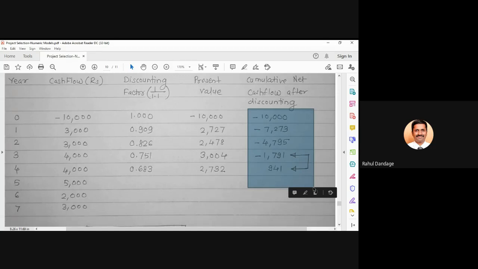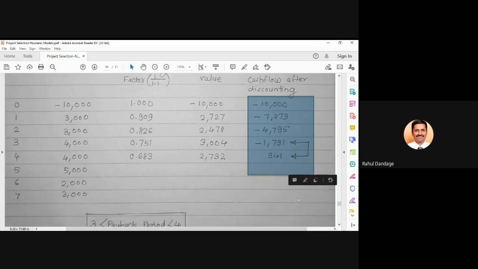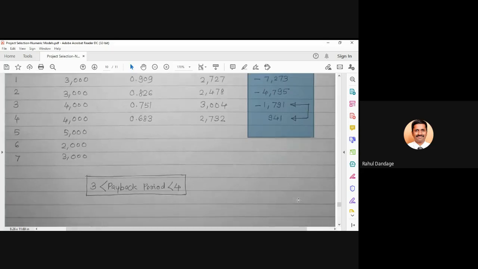Why is it not between 2 and 3? Because for 1, 2, 3 everywhere it is negative cumulative net cash flow. Whenever it changes the sign from negative to positive, during that period the payback period can be marked. So the answer is that the payback period is greater than 3 and less than 4.